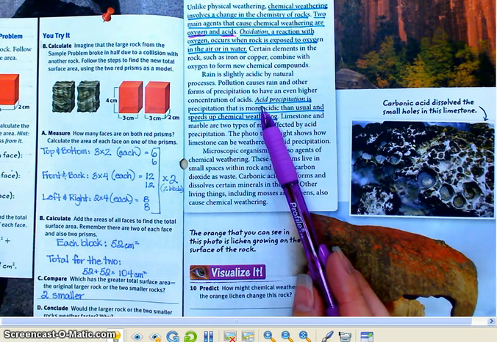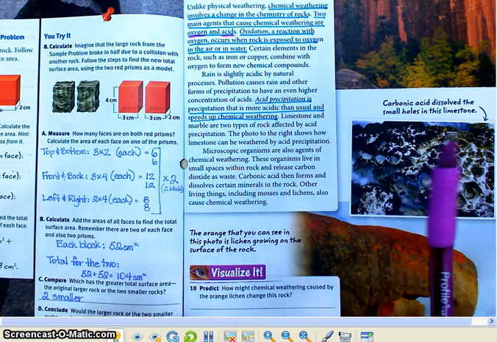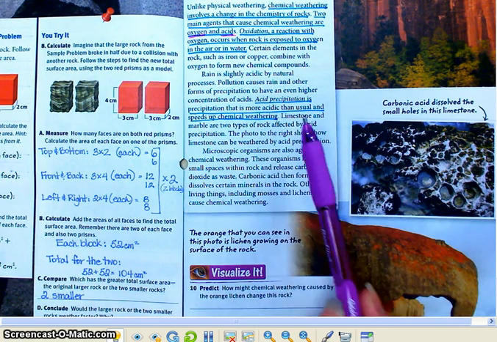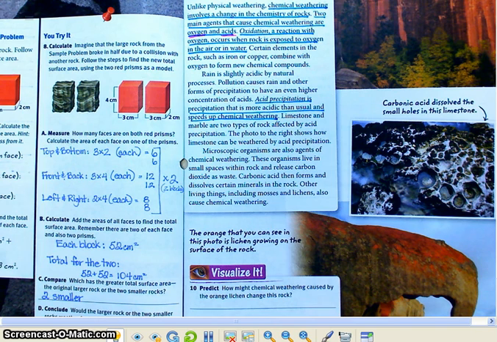And then they fall as raindrops, but they're more acidic than regular rainwater is. And that acid precipitation can speed up chemical weathering because there are some rocks that are more susceptible to those chemicals than others.